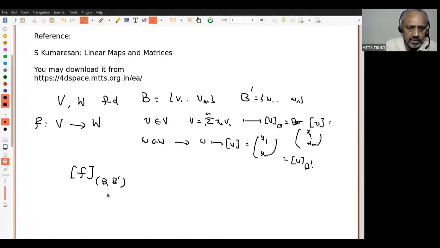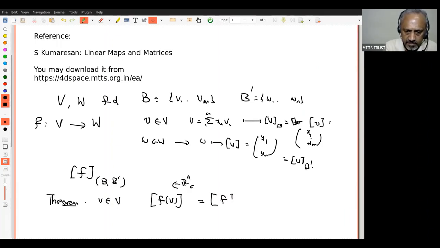Now the theorem which we proved last time was: let us look at any v in V. Let us look at F of v. This is a coordinate vector in where? It is in R^n or C^n. And this we wanted to say is this matrix, a matrix of size what? n cross m, into the matrix of v.